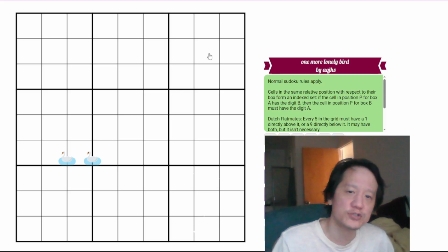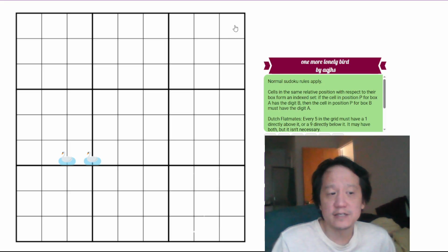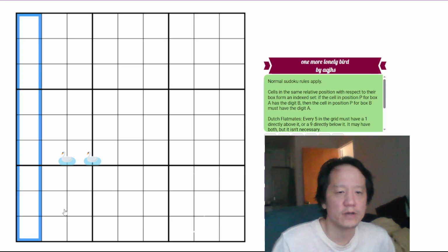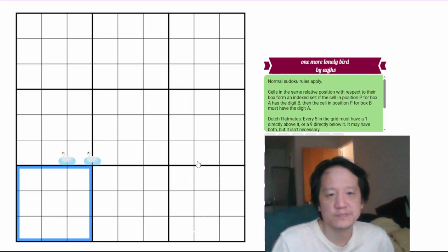Normal Sudoku rules apply, which means place a single digit in every cell in the grid from 1 through 9 such that there are no repeats in any row, column, or designated 9-cell region, or a box.